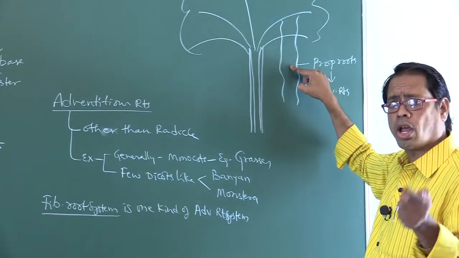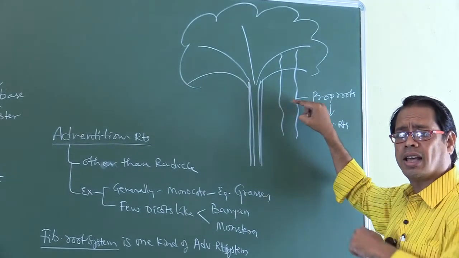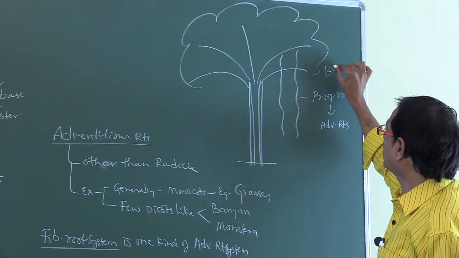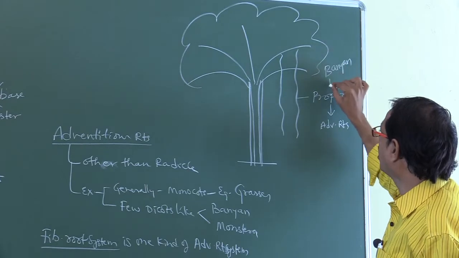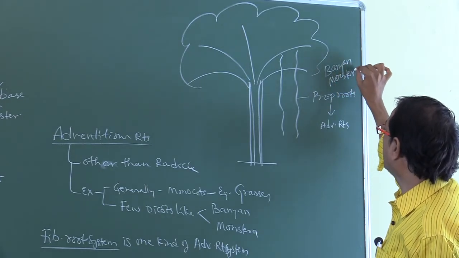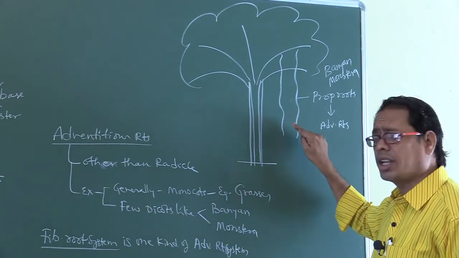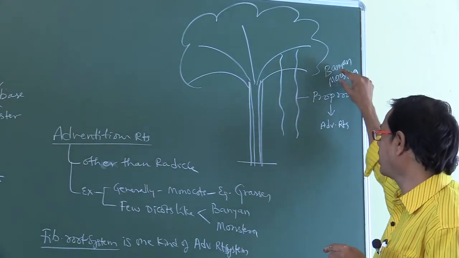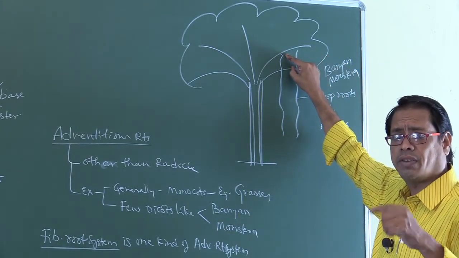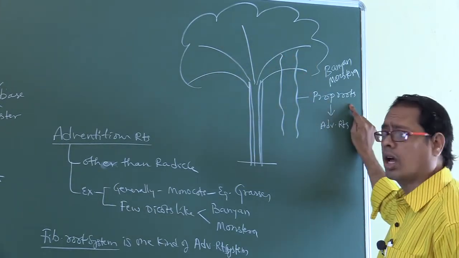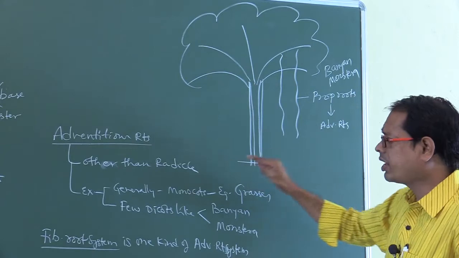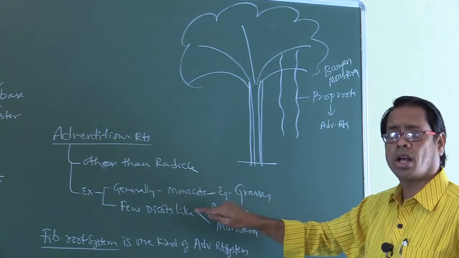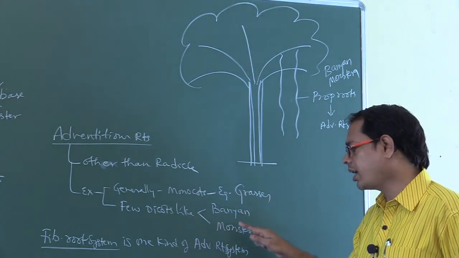So the roots that are developed from other than the radicle, meaning from the branches, are examples in both banyan tree and monstera. Actually those roots are called prop roots. So adventitious roots are found in both dicots and monocots, generally in monocots, and also in a few dicots like banyan tree and monstera.